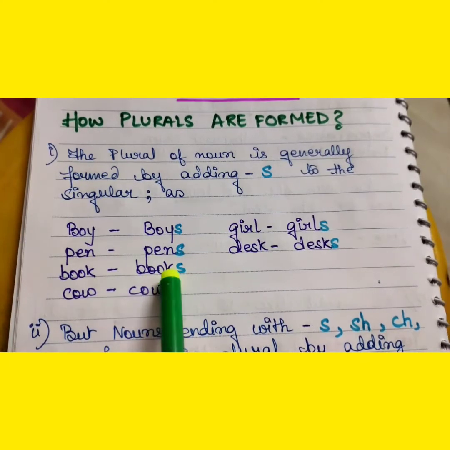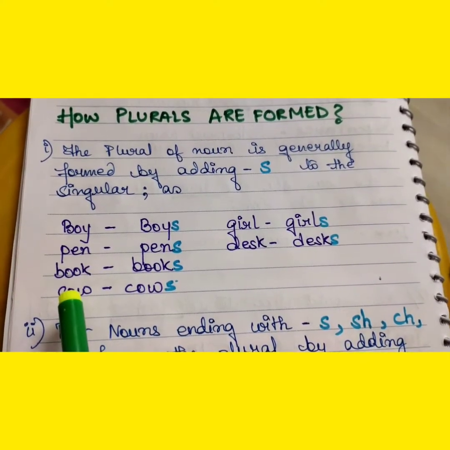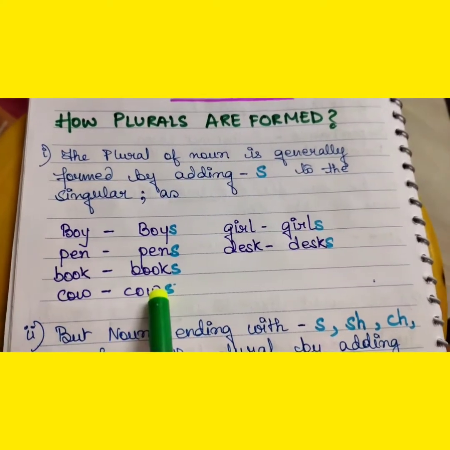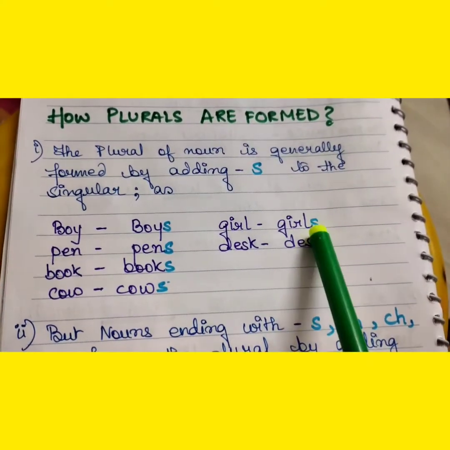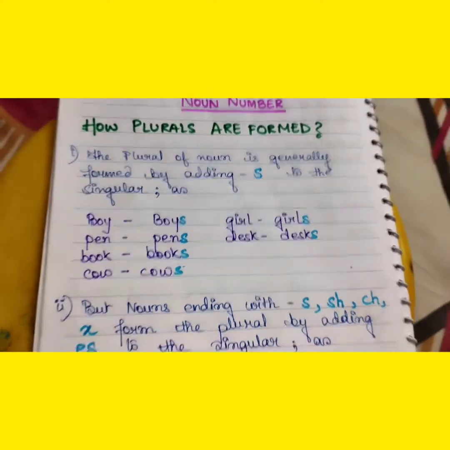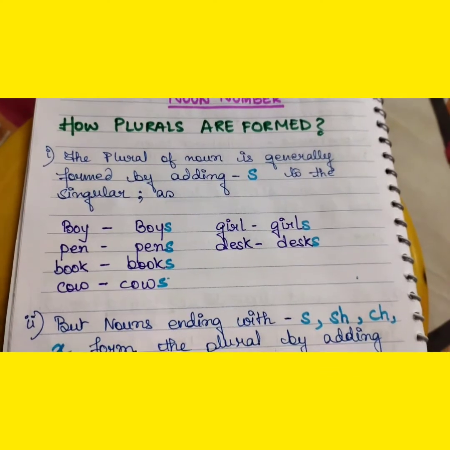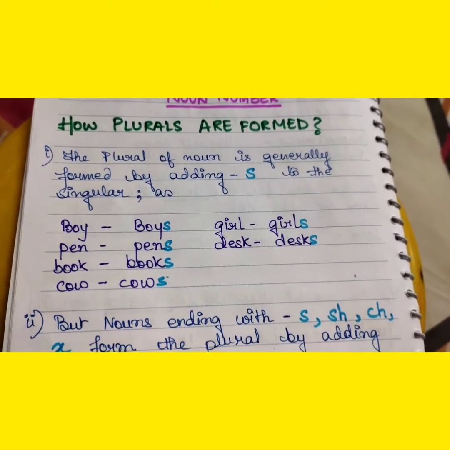Book is becoming books. Cow is becoming cows. Girl is becoming girls. Desk is becoming desks.